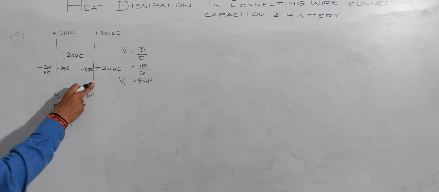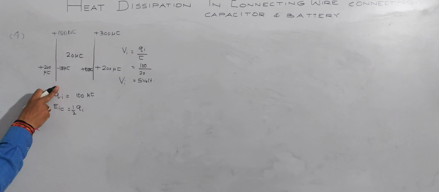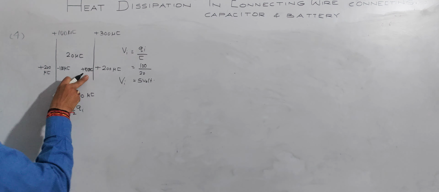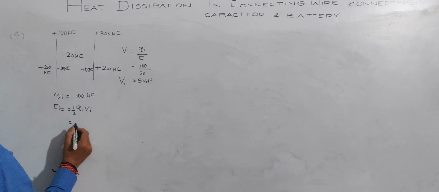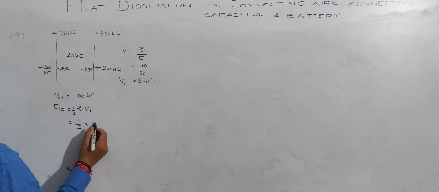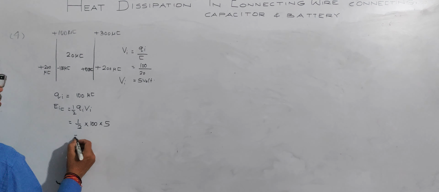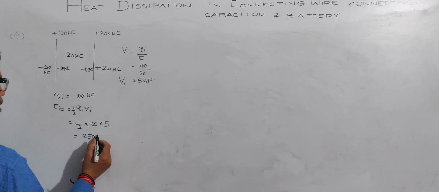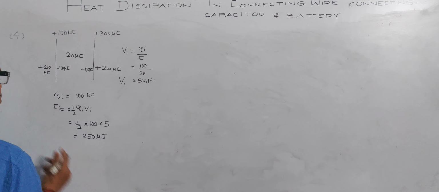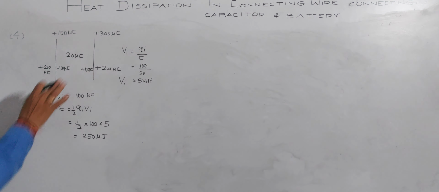This will be at higher potential and this at lower potential, because this has plus 100 microcoulomb. So half Qi Vi, Qi is 100 and Vi is 5, so I can say 250 microjoule of energy is stored.